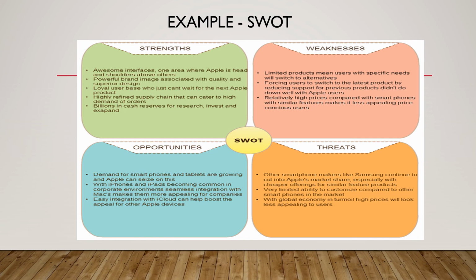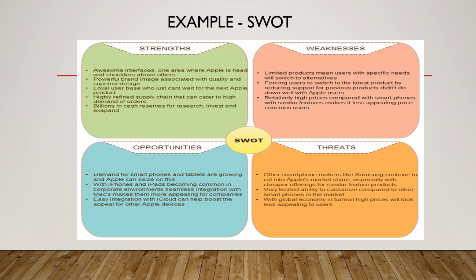So what are the threats? The threats are the competitors, for example, how Samsung has aggressively competed with Apple. In order to survive in the business environment, Apple has to keep up with the latest innovations. Besides that, another threat is the very limited ability to customize compared to other smartphones in the market.